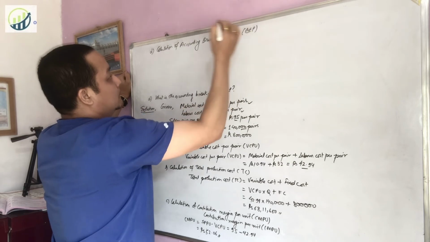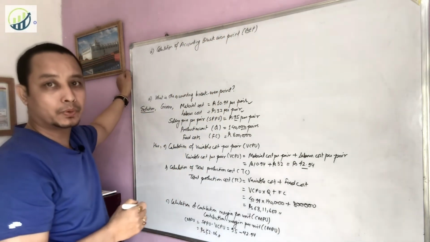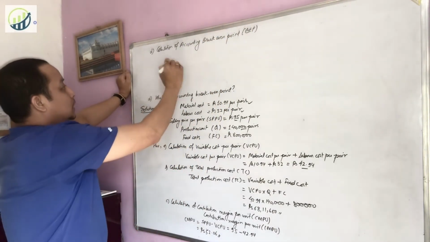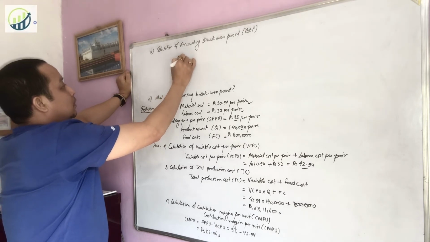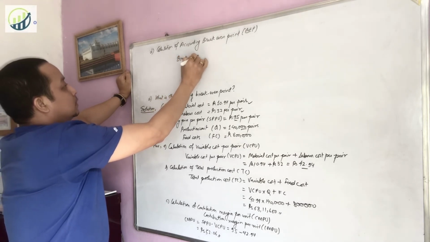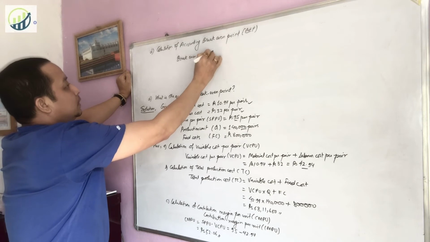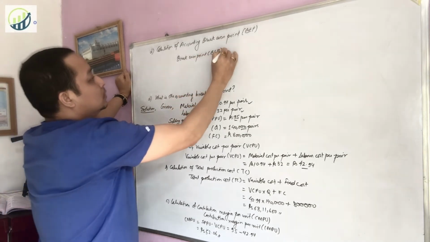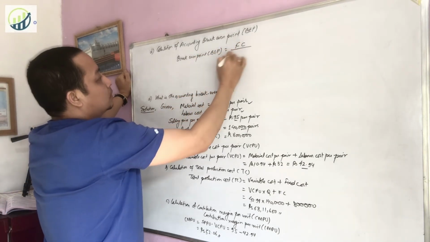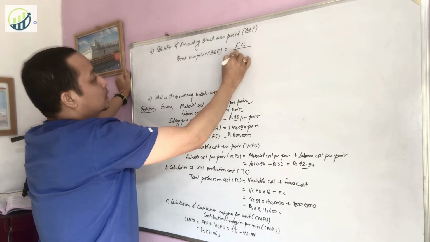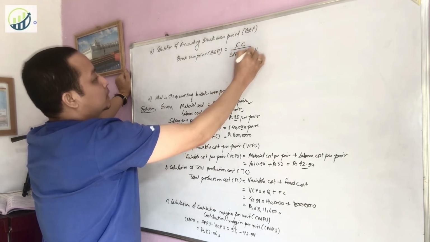Accounting break-even point, operating break-even point, it means same thing here. So here now break-even point, accounting break-even point, BEP, is equal to fixed cost upon selling price per unit minus variable cost per unit.